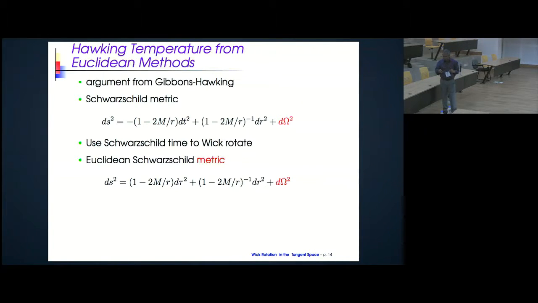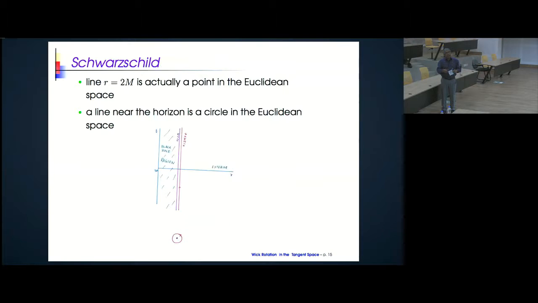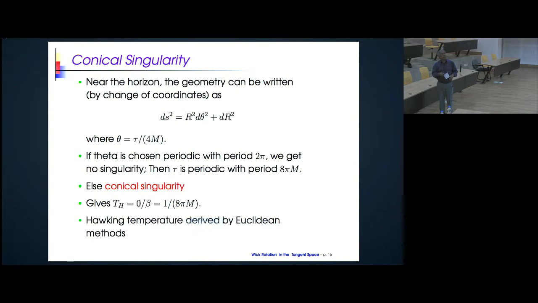So it must be a point. And if I take a small epsilon distance away from the horizon, and look at this line, that line has to be a circle encircling this point. So this argument leads to the idea that perhaps we need a circular identification of time.